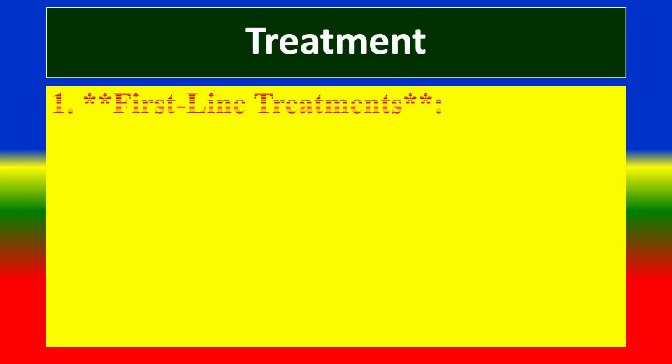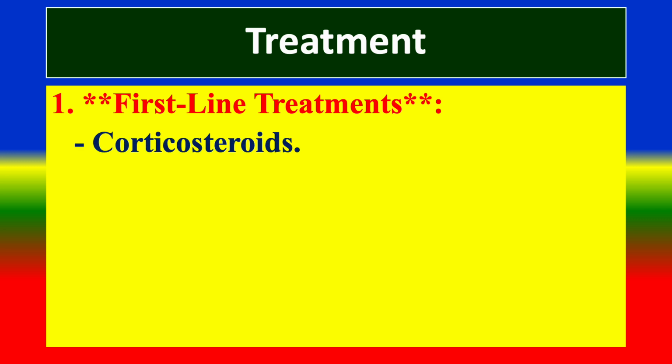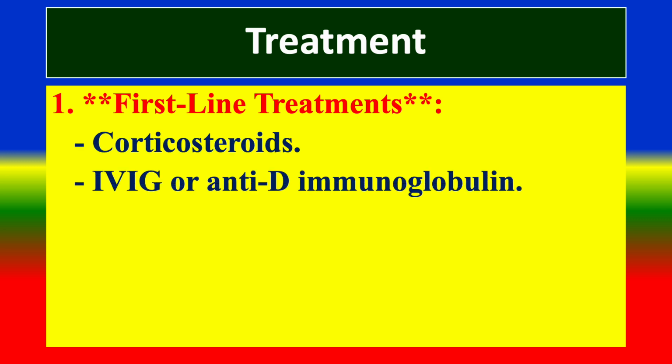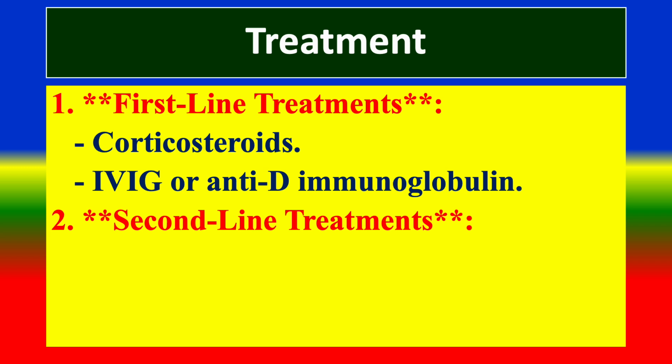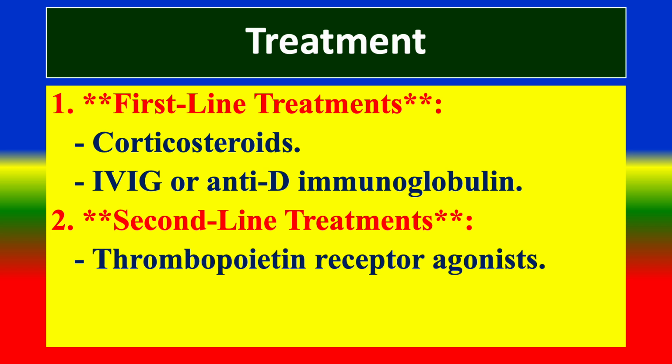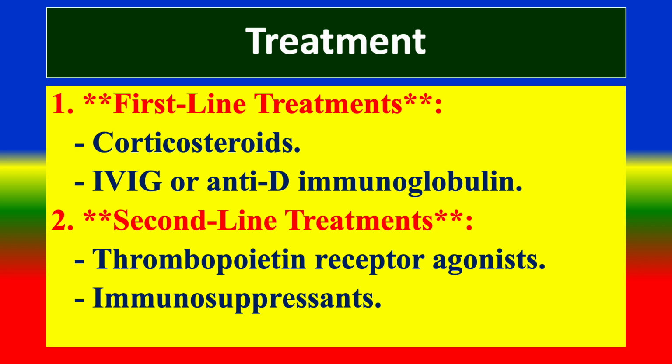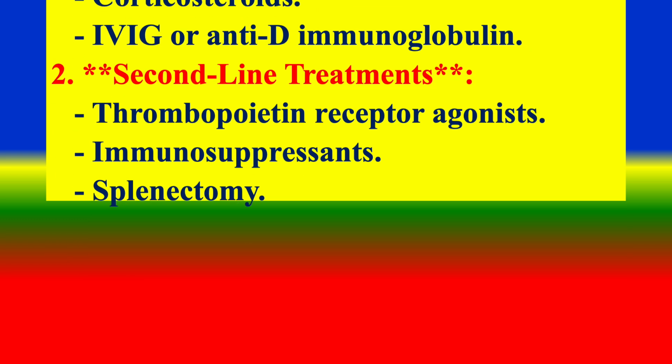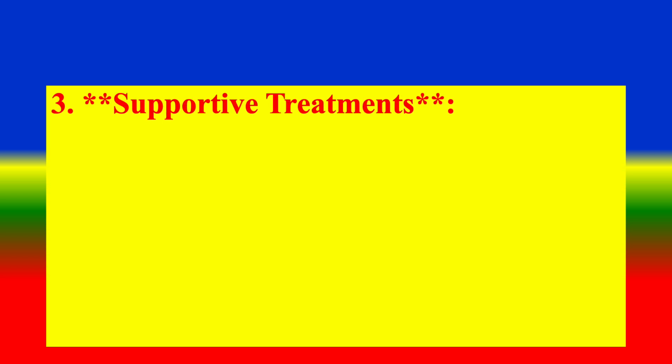Treatment options: 1. First line treatments: corticosteroids, IVIG, and anti-D immunoglobulin. 2. Second line treatments: thrombopoietin receptor agonists, immunosuppressants, splenectomy. 3.